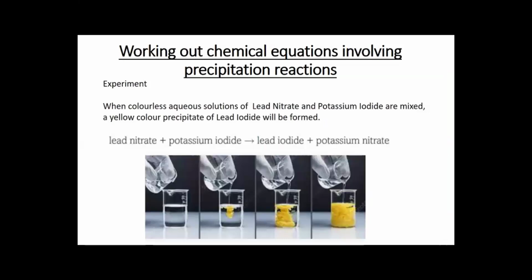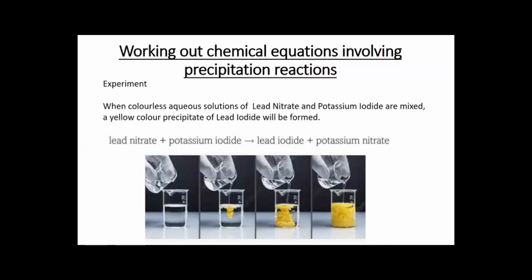now we know there are precipitation reactions, right? So when a precipitation reaction is there, we can actually work out the chemical equation. That means we can formulate what is the chemical equation involved in this precipitation reaction. This is an experiment that we can do in labs.